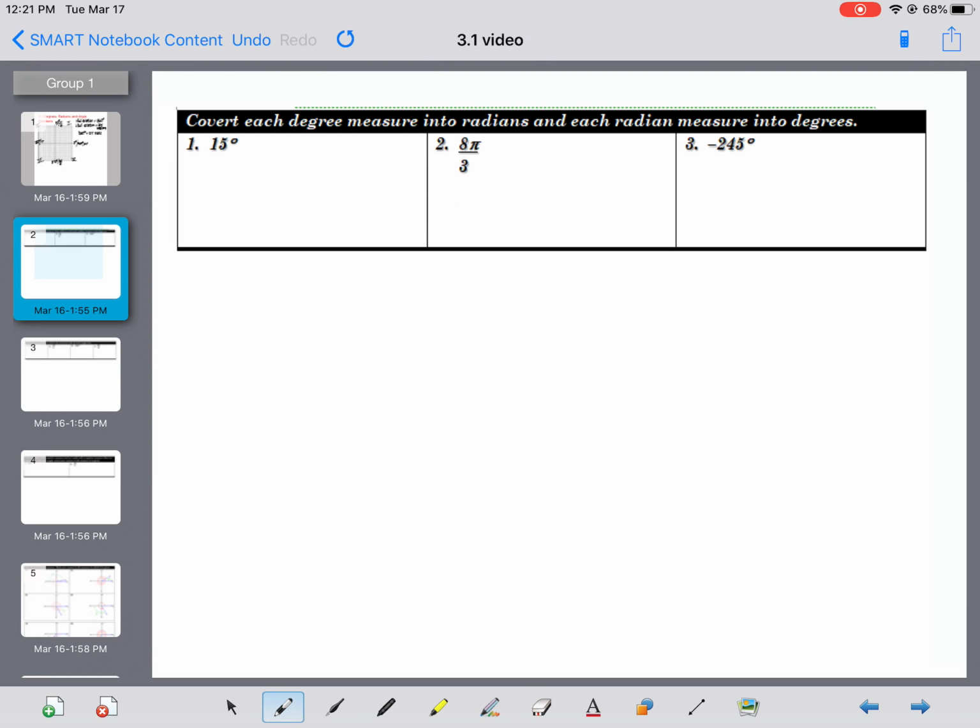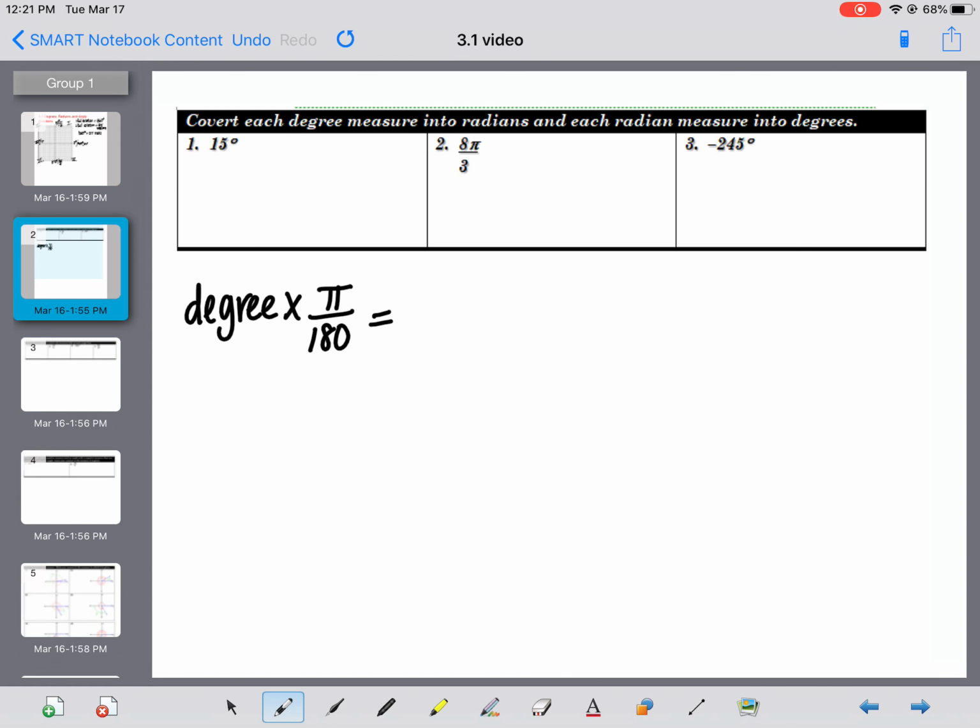We can convert from degrees to radians using a simple calculation. Okay, so if we begin with a degree, we can multiply the degree by pi over 180.